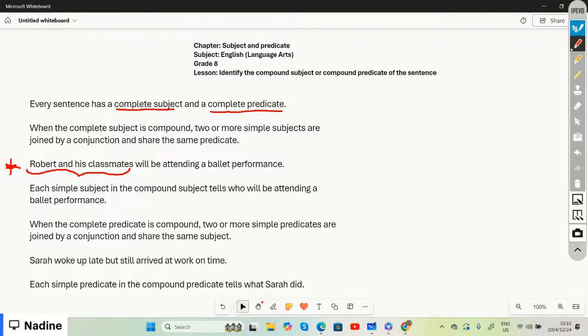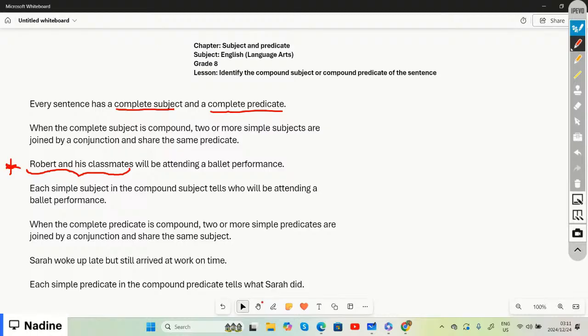All right. And then also when it comes to our subjects, every simple subject in the compound subject tells us who will be attending a ballet performance. All right.